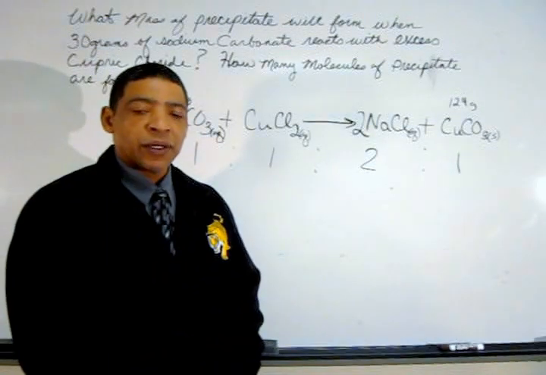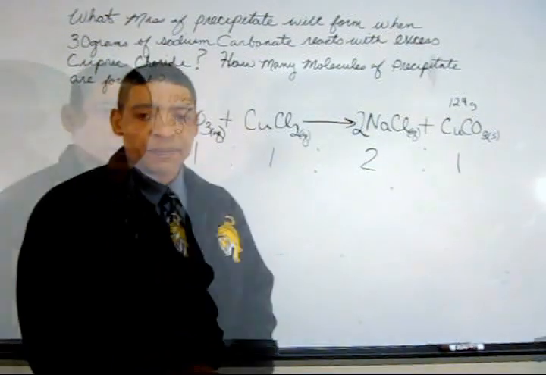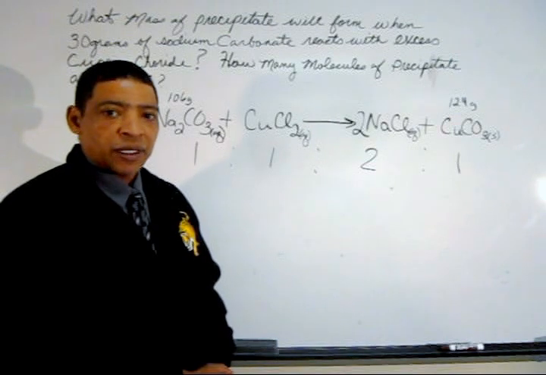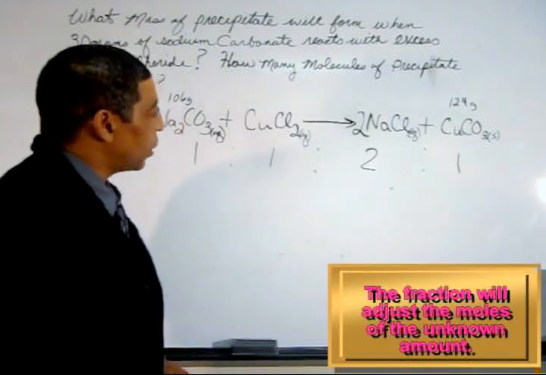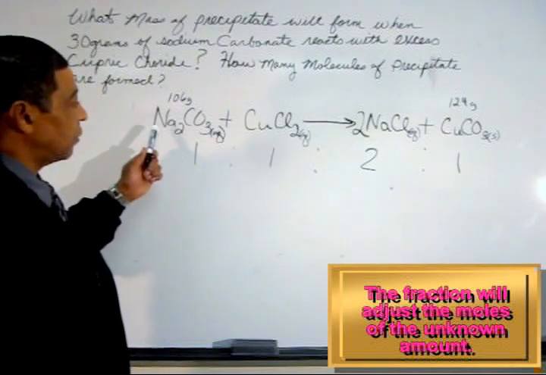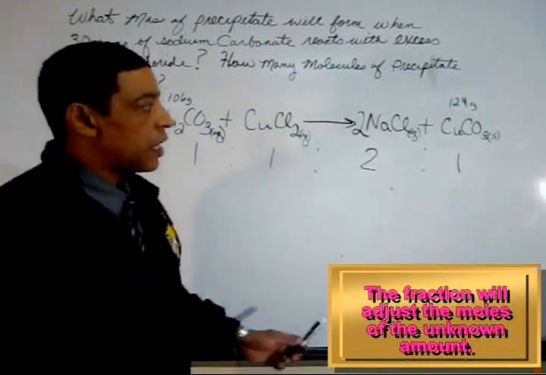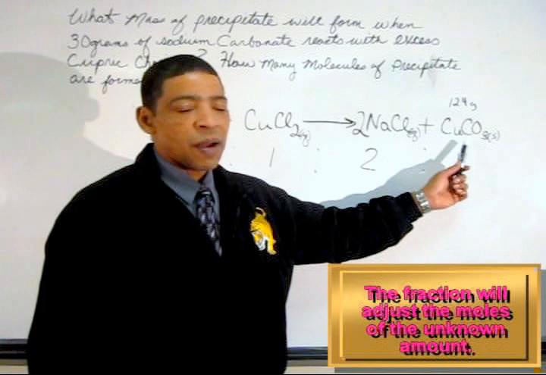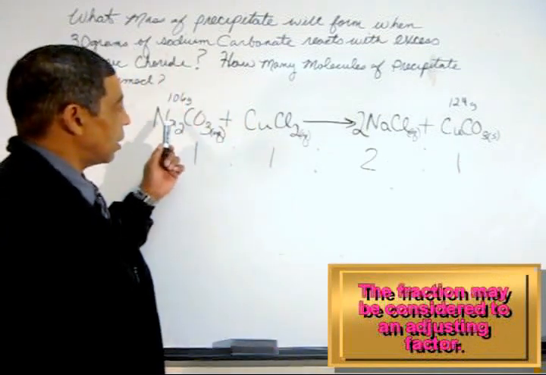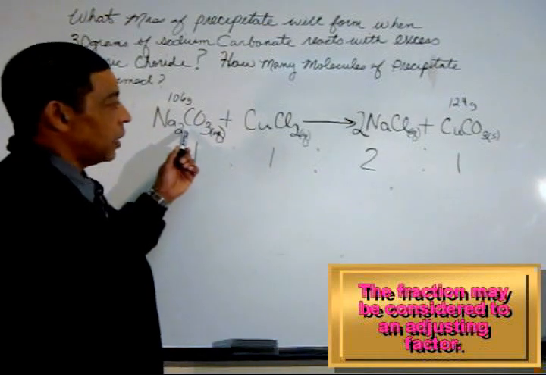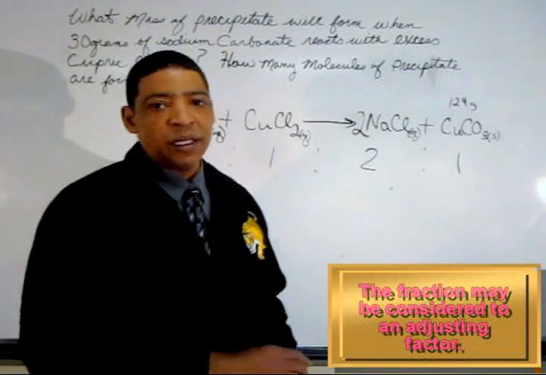The molar ratio is now used to create a fraction. In a balanced chemical equation, the molar ratio must be maintained. Since we're given information about the sodium carbonate and asked information about the copper(II) carbonate, then the ratio of sodium carbonate to copper(II) carbonate must be maintained.